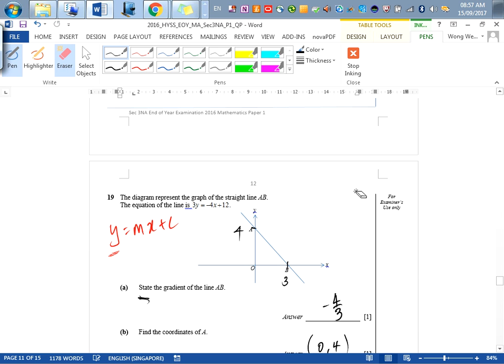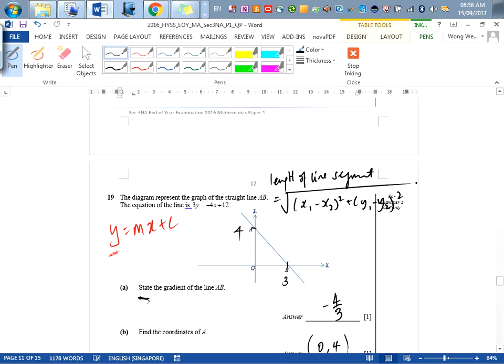So what is the formula for the length of a line segment? Do you remember? Length of line segment is equal to square root of (x1 minus x2) squared plus (y1 minus y2) squared. Okay?